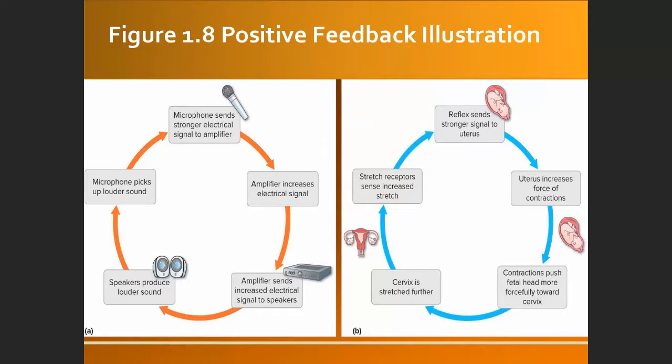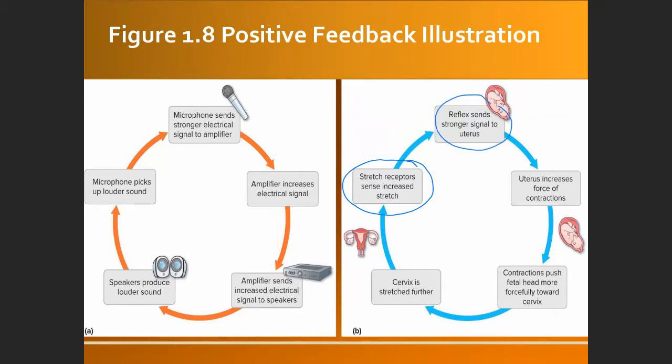Okay, so this diagram shows us the example of the positive feedback system. Start from here. The uterine wall muscle is stretching and contracting, and that stimulus is received by the receptor.